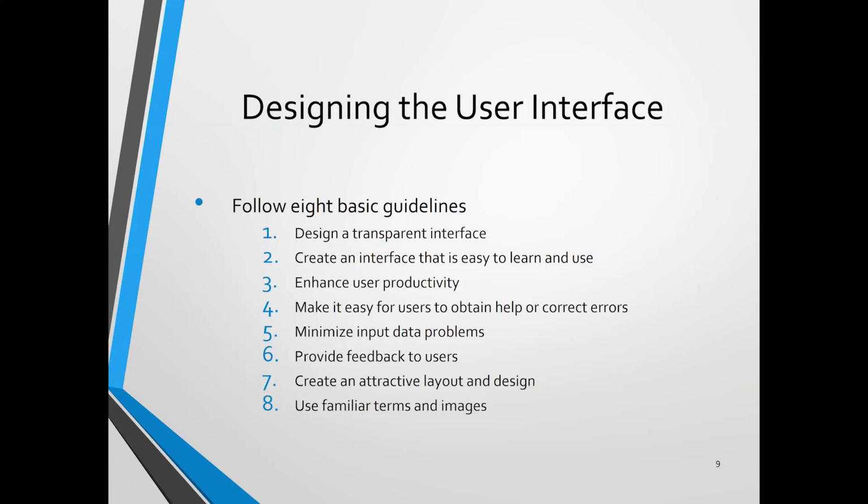So the next one. When you design the user interface, you should follow the basic guidelines. There are 8 basic guidelines altogether for UI design. The first one: design a transparent interface. That means the users can see what we are going to do or what the next step is.